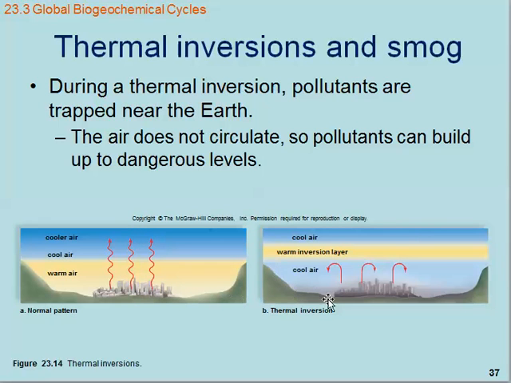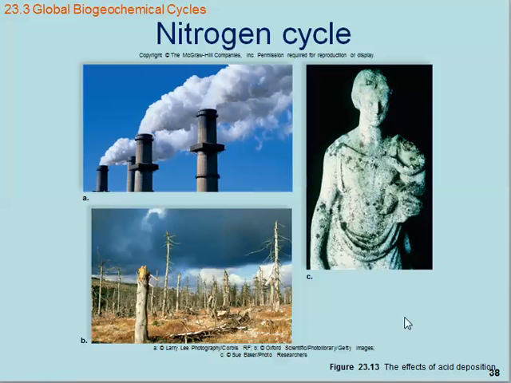But when a cool air mass slides in underneath this warmer air mass and is trapped by the mountains surrounding it, what happens is you can get very serious pollution problems. We call these inversion layers, and you hear about them, especially in the summertime in areas around Los Angeles.